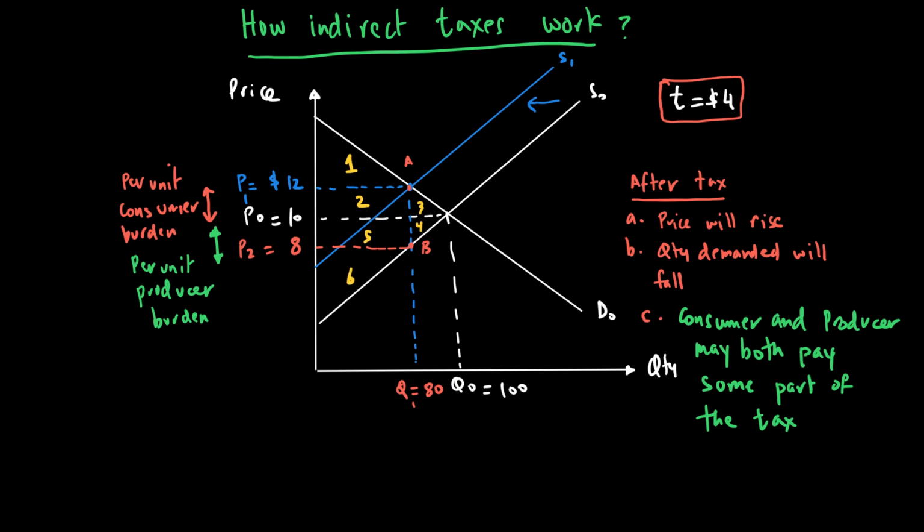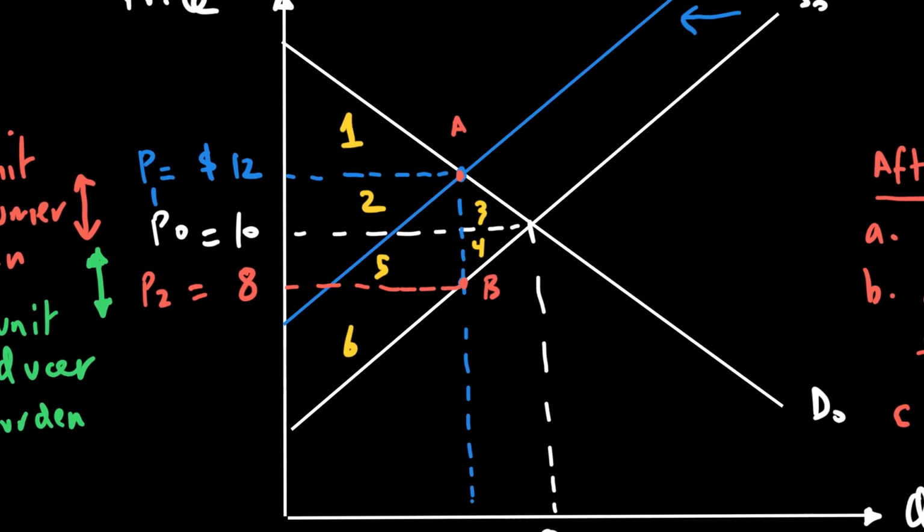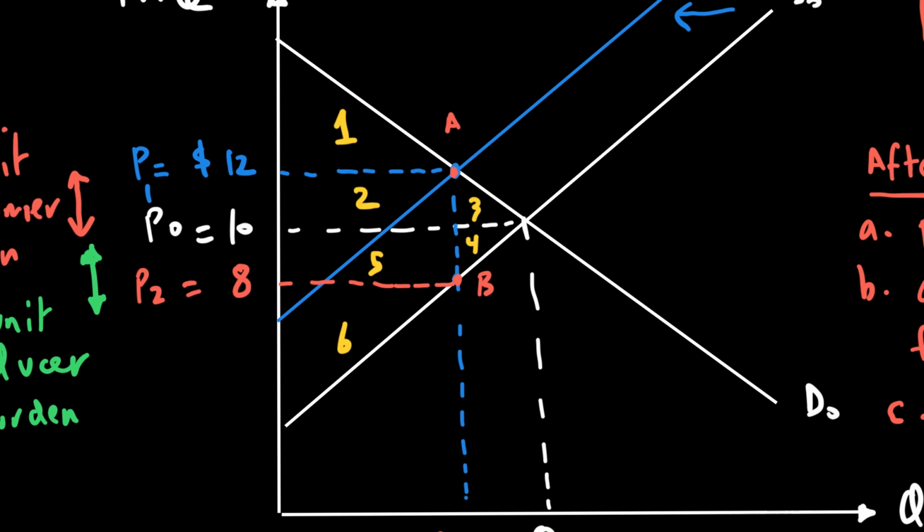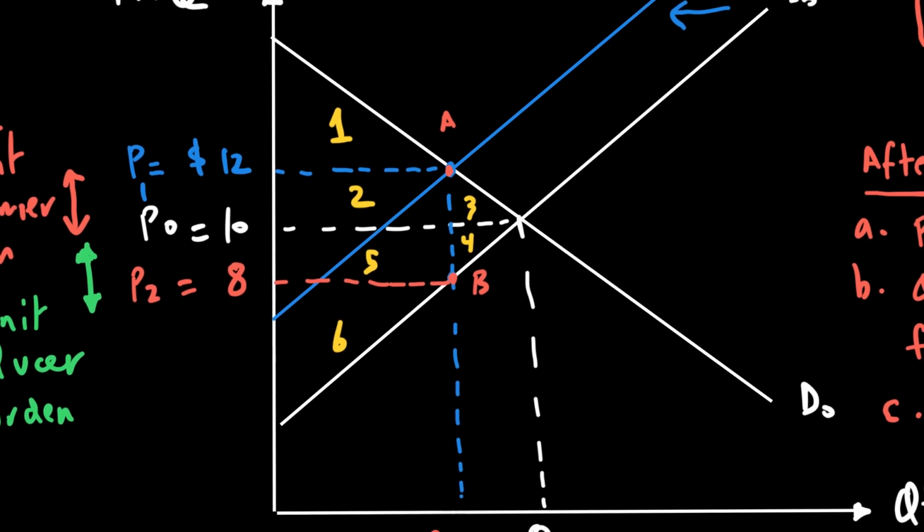Area 2, let me zoom in on the diagram, is this region. Area 3 is this region. I'm sorry, area 5 is this region, this rectangle.